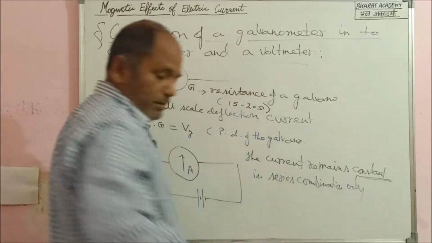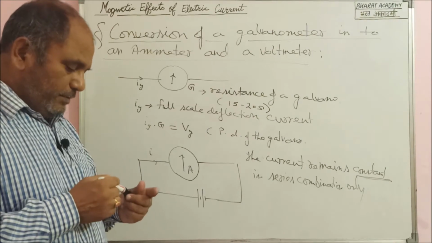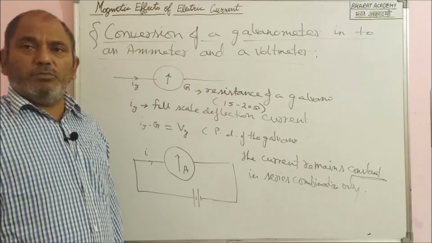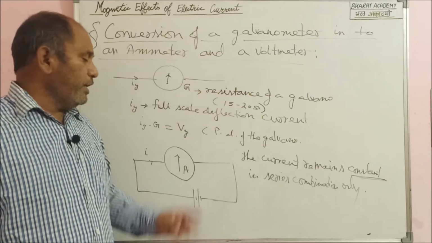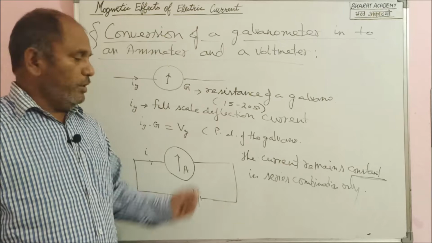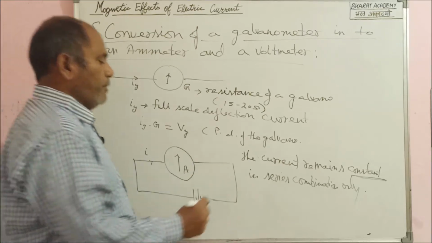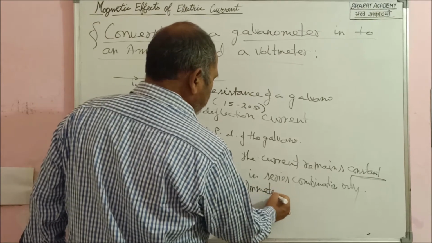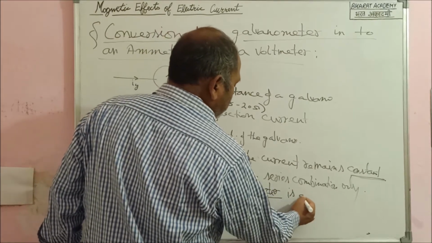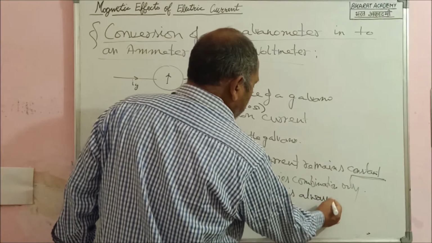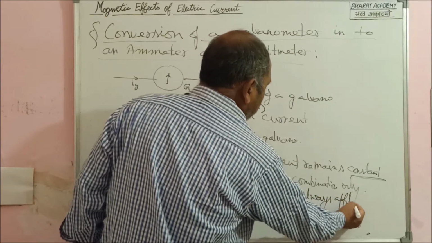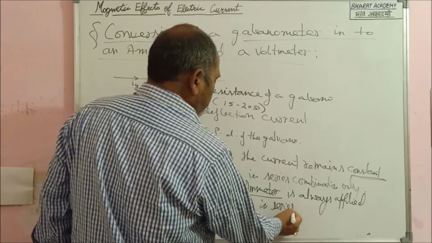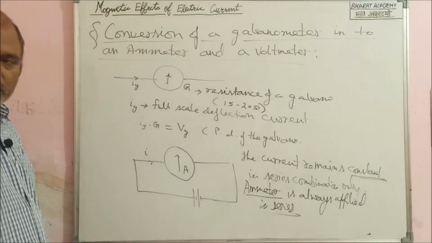In parallel, it gets distributed. The current remains constant in series combination, means it is not going to vary, and we have to read the current. So an ammeter is always applied in series. Make it a point: an ammeter is always applied in series, because we have to read the current, so current must remain constant.